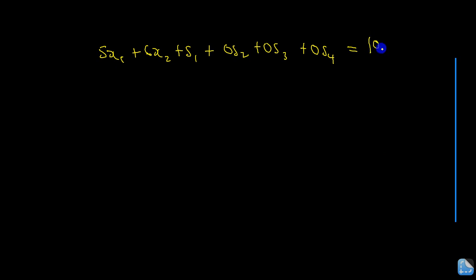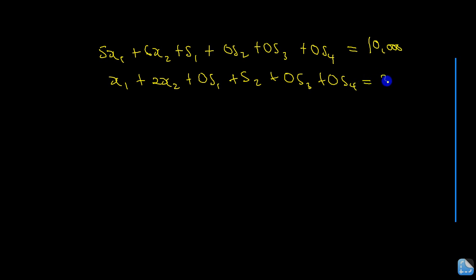So 10,000 hours. The next one was x1 plus 2x2. We don't have an s1 here because this is the second constraint. So it plus 0 s1, and then plus s2 plus 0 s3 plus 0 s4 is equal to 3,000 hours.